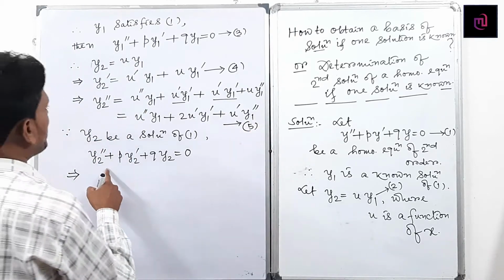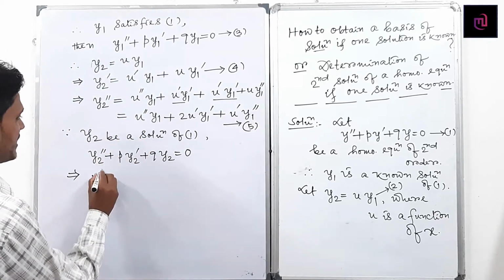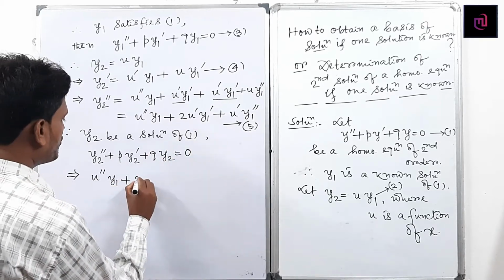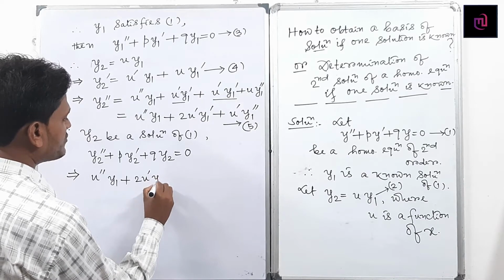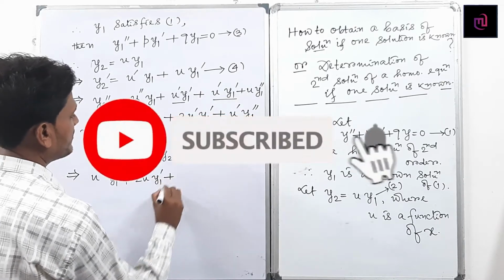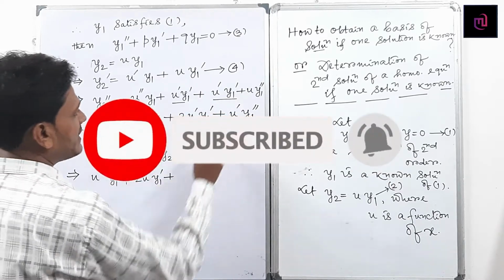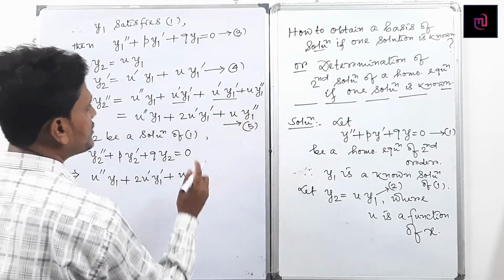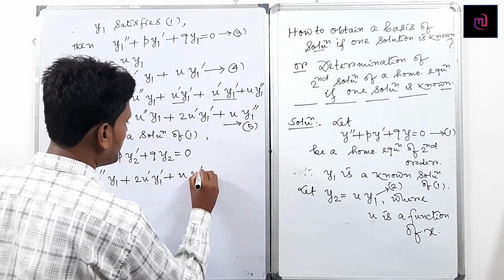So y2 double dash is u double dash y1 plus 2u dash y1 dash plus u into y1 double dash.